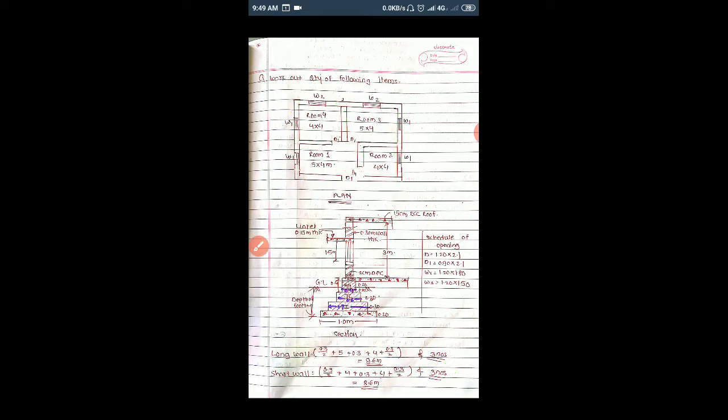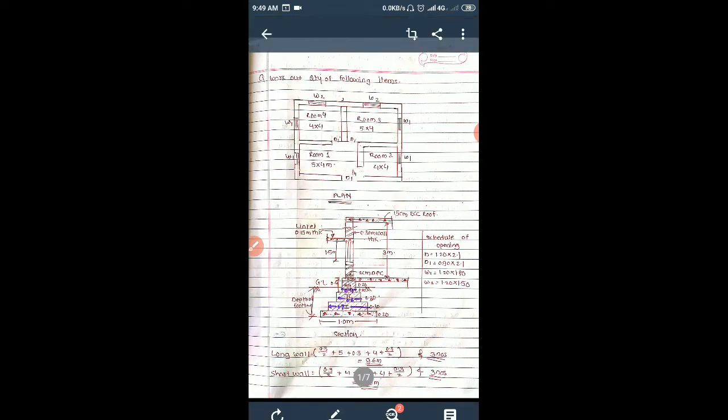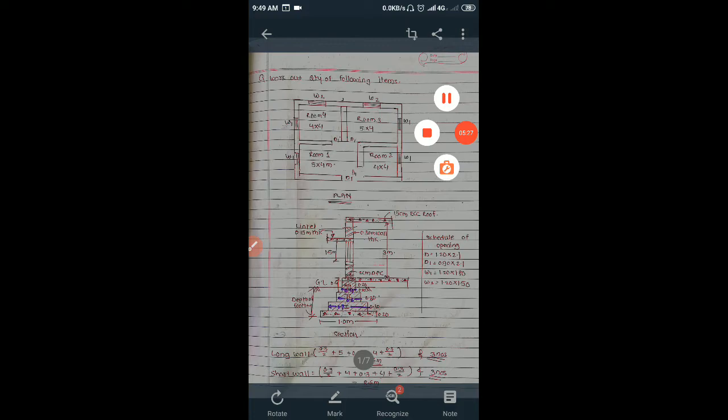But here we will consider this first, then second and third, and then calculate the center to center distance. So 8.6 meter is the length of the short wall, and the number is 3, and for the long wall we have 9.6, with 3 number of long walls.